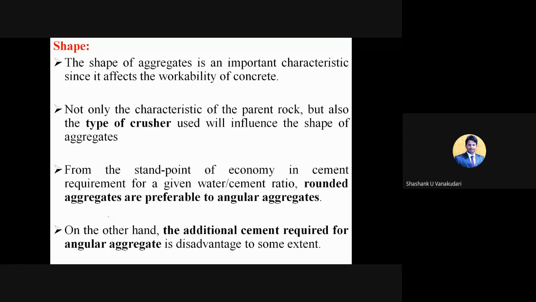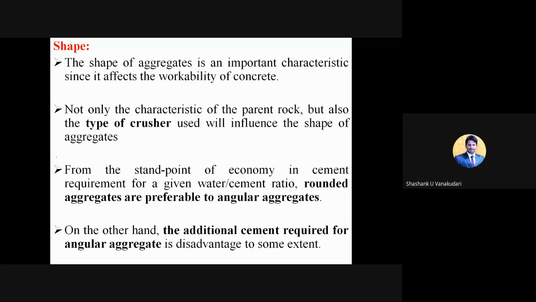It's not like you need to use only cubical aggregates. It's not like you need to use only flaky materials. It's not like you need to use only angular materials. Clear? The aggregates should be of all the shapes as well as sizes, so that they give better interlocking property between each other.